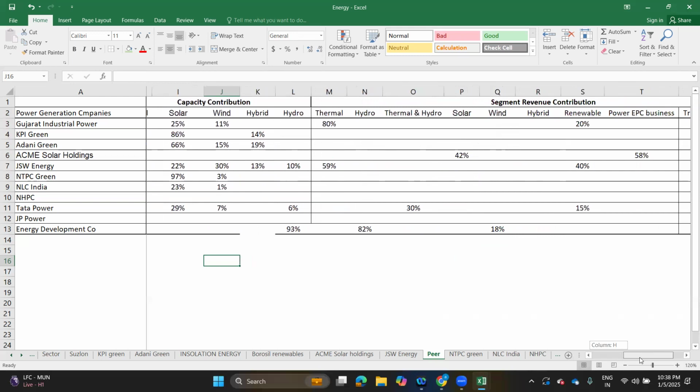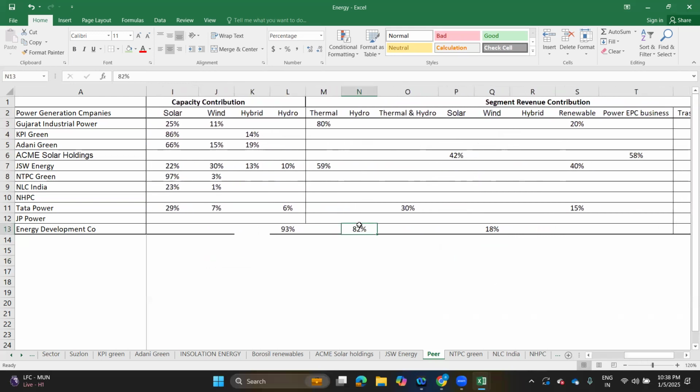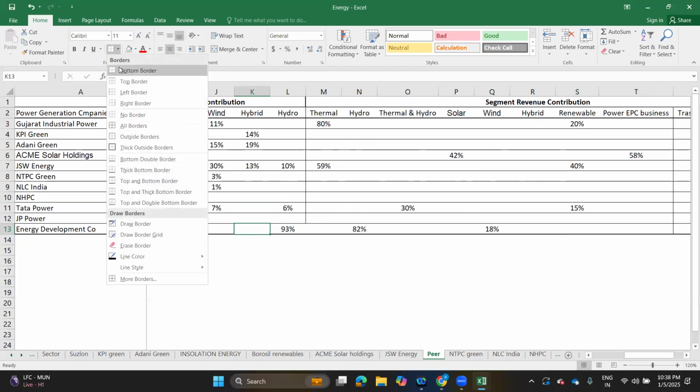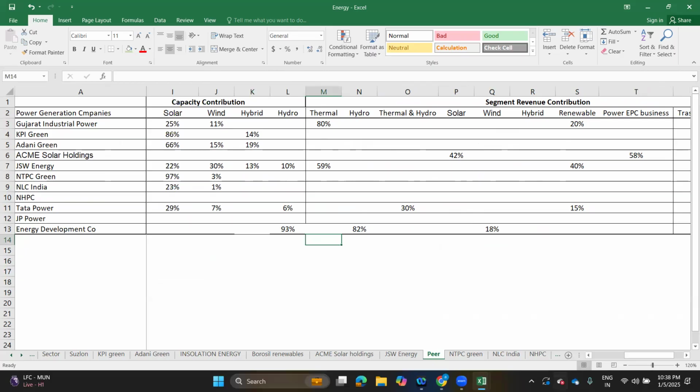And 82% of the revenue comes from hydroelectricity, and 18% comes from wind energy. And here, 93% of the revenue comes from hydroelectricity, and 7% comes from wind, right?